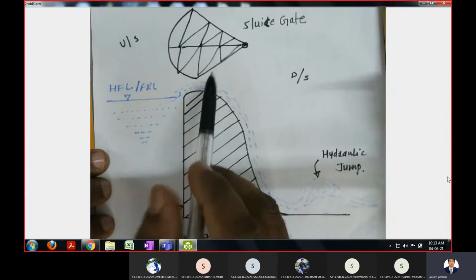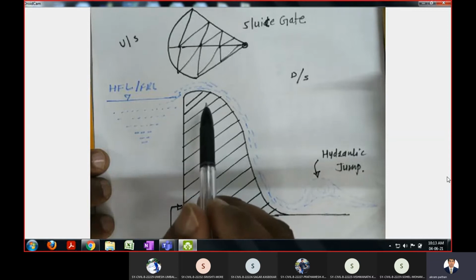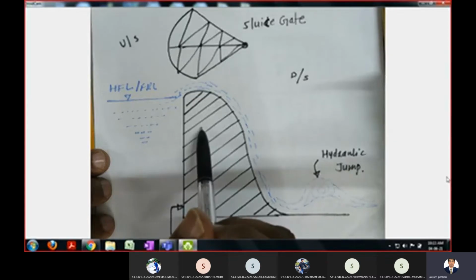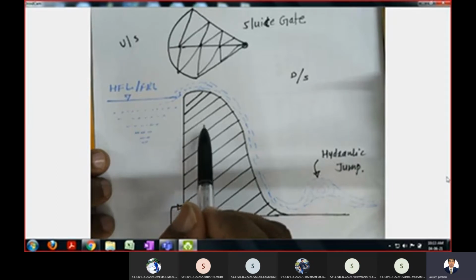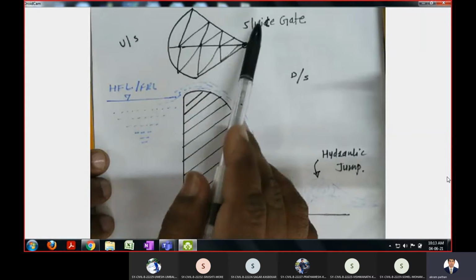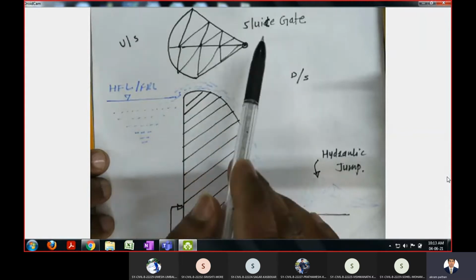In the case of the Jaikwadi Dam, you can see such an arrangement. We have 27 spillways, and above the spillway we have the gate, and this gate is known as the sluice gate.